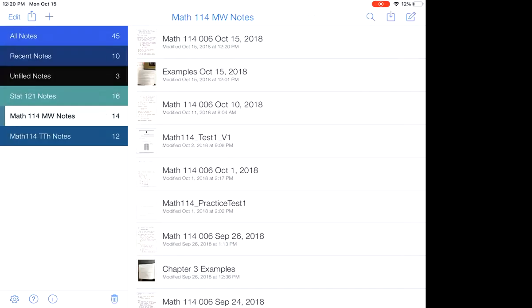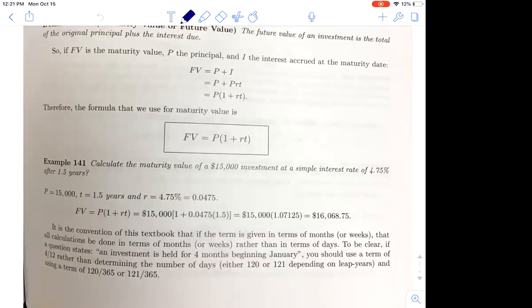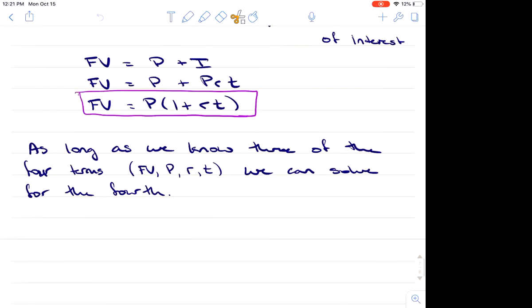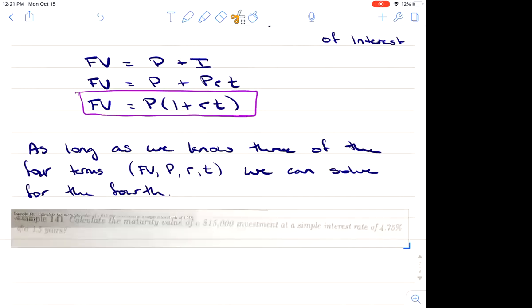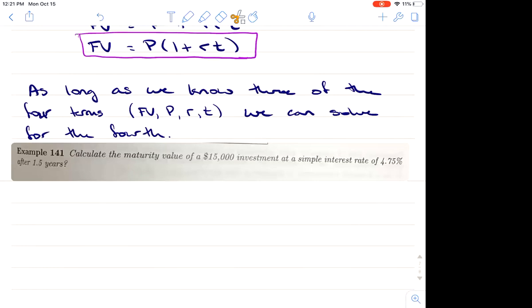Let's do an example. What's this going to look like? Example 141. Calculate the maturity value of a $15,000 investment at a simple interest rate of 4.75% after 1.5 years.